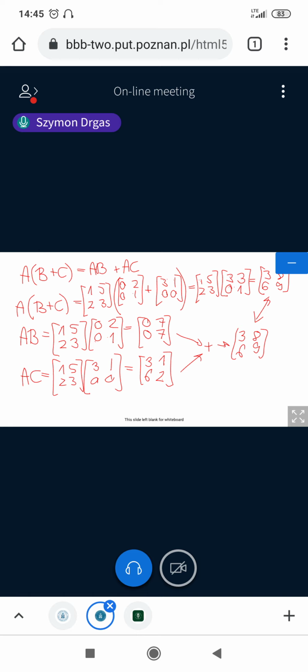And we can also check this associative law, because matrix multiplication is associative. So A times BC is the same as AB times C.